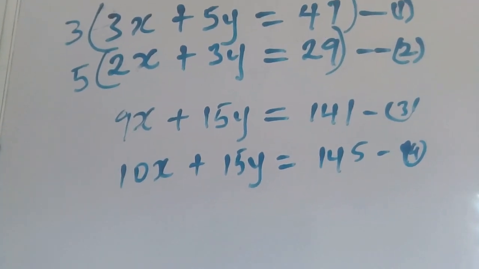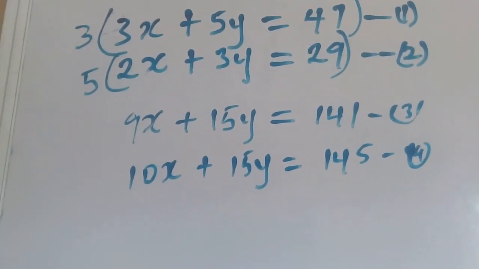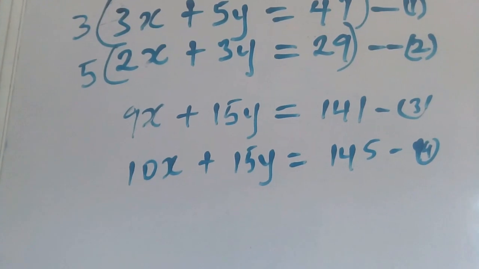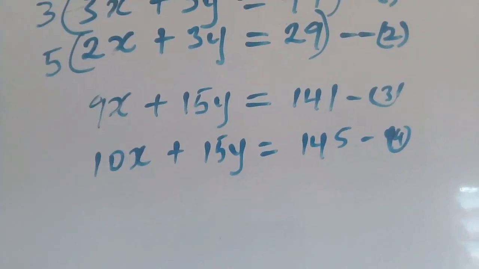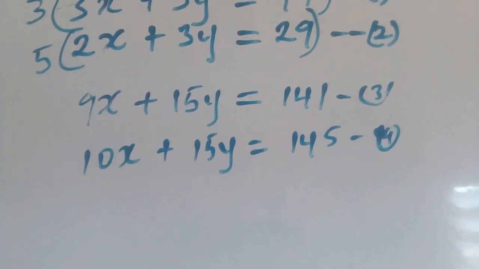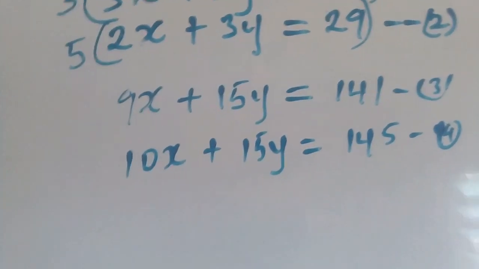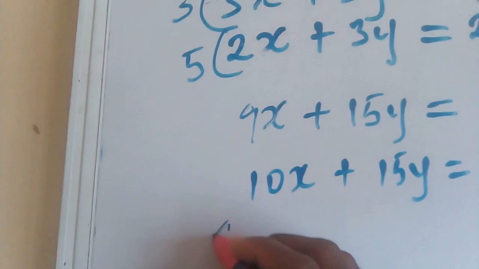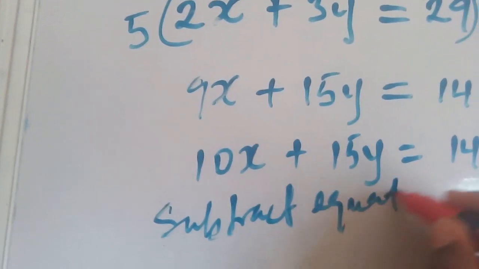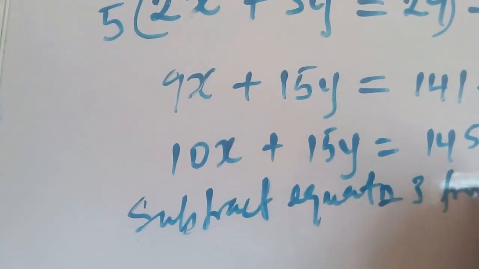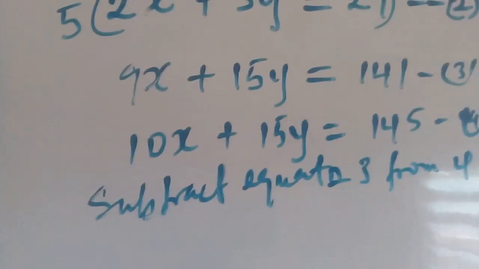I told you earlier, if the signs are the same, you have to subtract in order to get one of them eliminated. So I'm going to subtract equation 3 from 4.